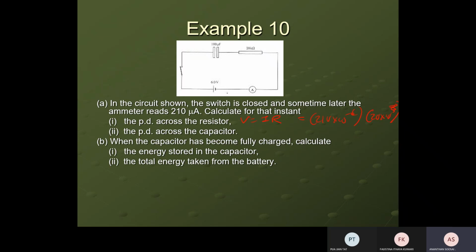So the PD across the capacitor is 6 volt minus the PD across the resistor. The PD across the resistor and capacitor add up to the total voltage, 6 volt.